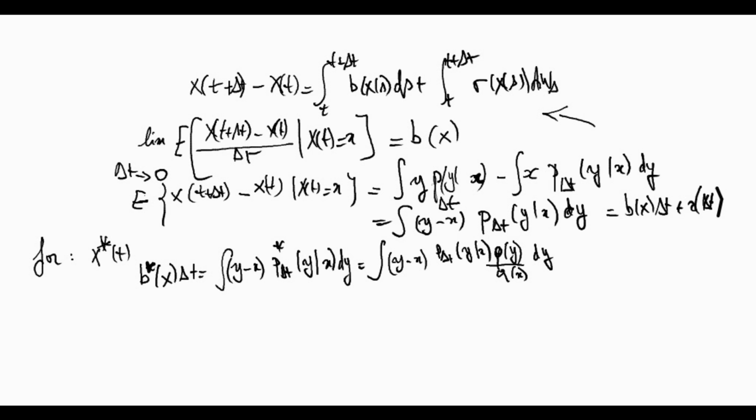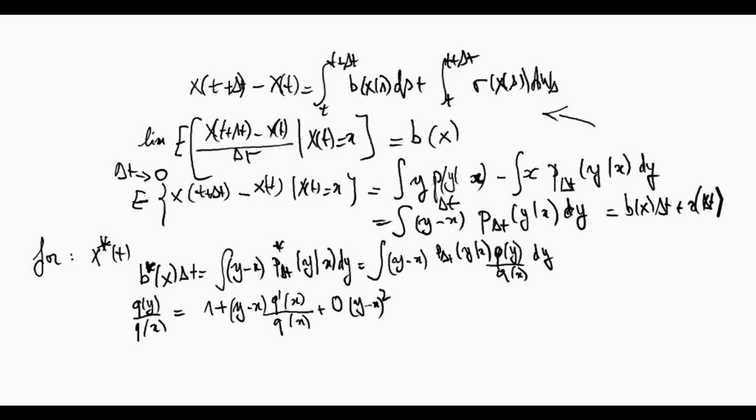Now q of y divided by q of x can be written using a Taylor expansion as 1 plus y minus x times q prime of x divided by q of x, plus y minus x squared.